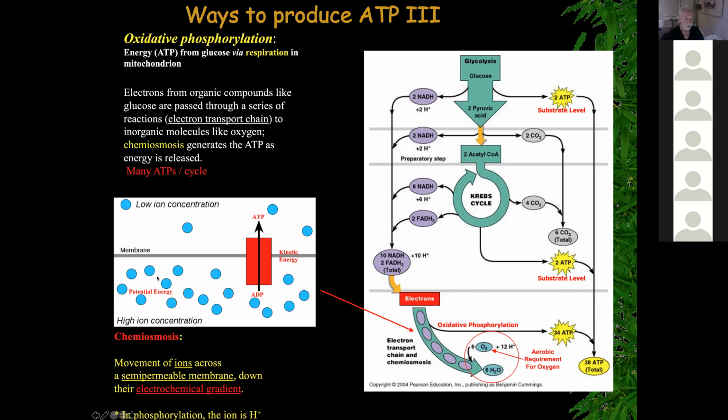So this high concentration of protons will move across the membrane through a complex called ATP synthase. And that converts ADP to ATP. So that's where we get these 34 of the 38 molecules of ATP. Make sure you remember what chemiosmosis is.